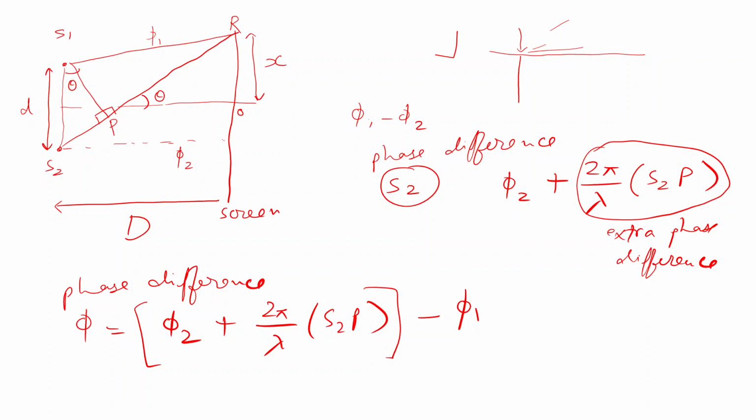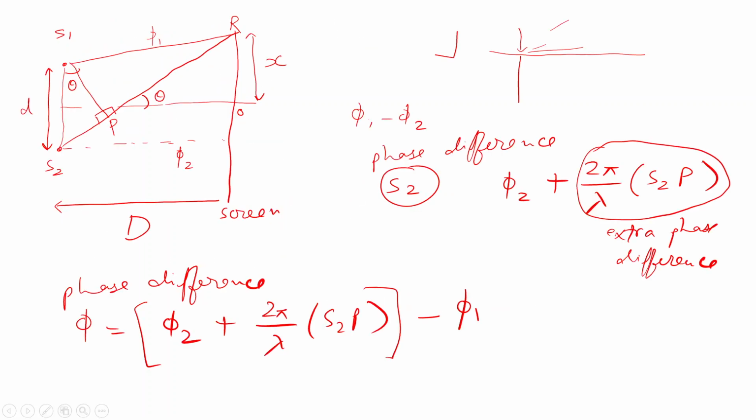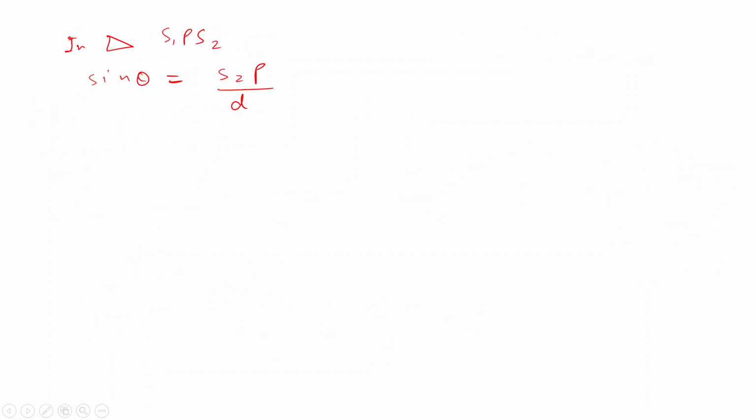If I am taking sine theta in this triangle, then it will be S2P by this small d, perpendicular upon hypotenuse. So S2P by d.